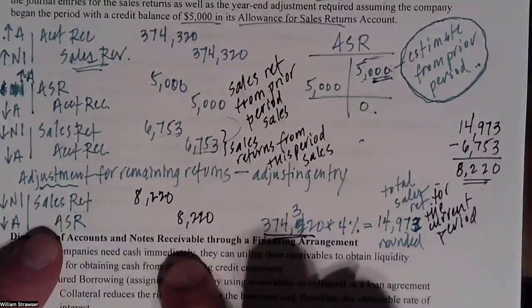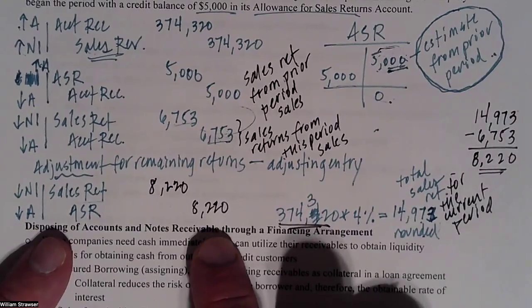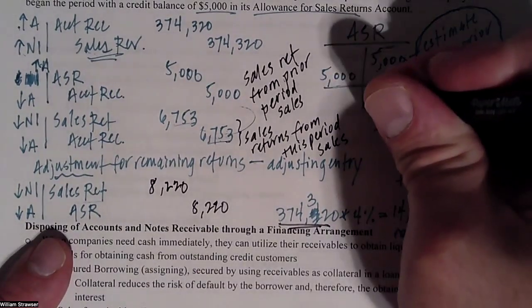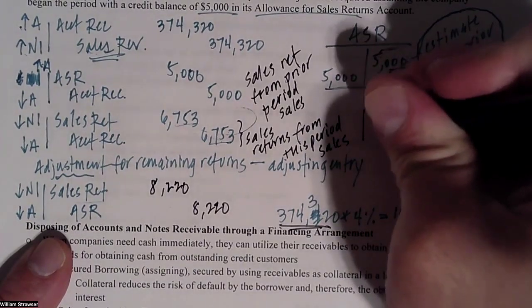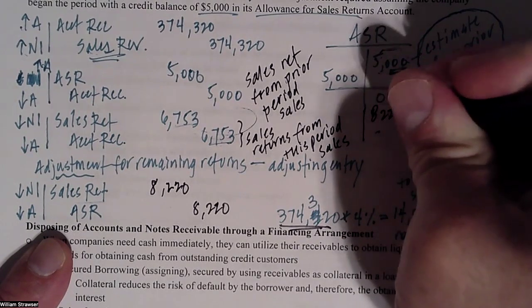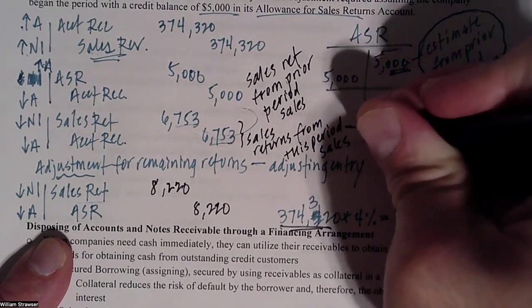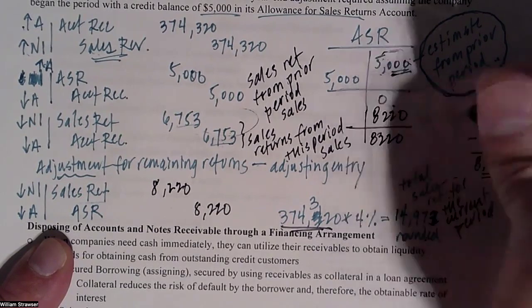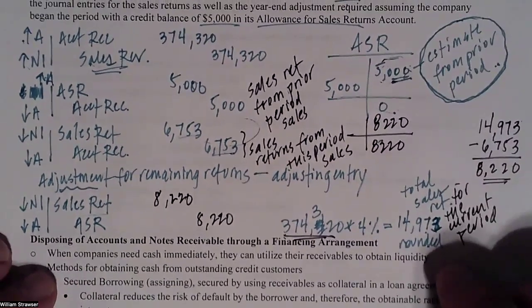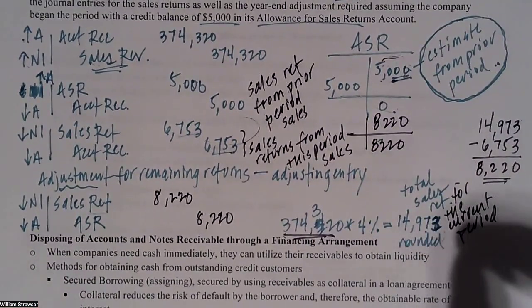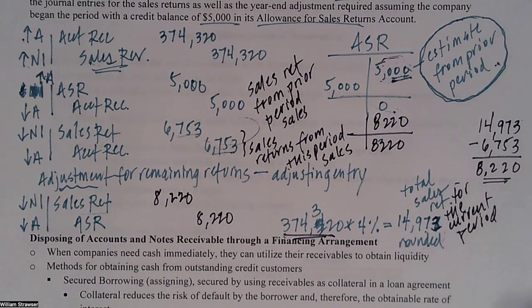So now this sets up the ASR for the next period. And that becomes our adjusted balance for the sales returns accounts going into the next accounting period. Then the process repeats itself.